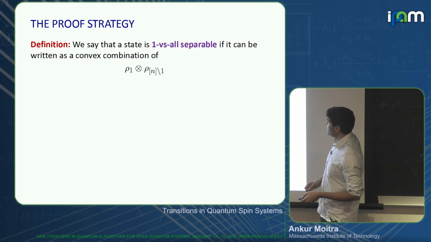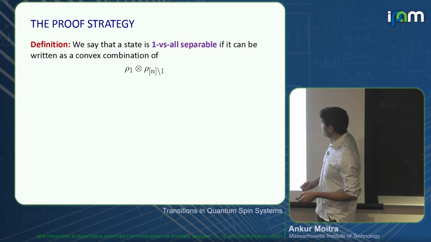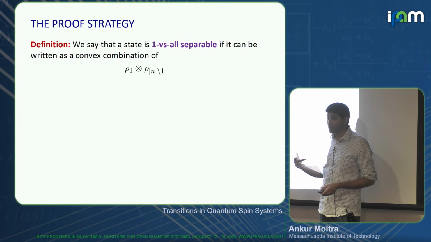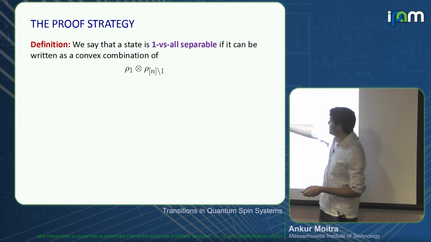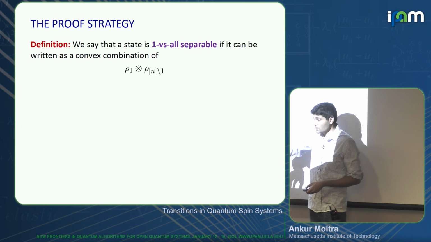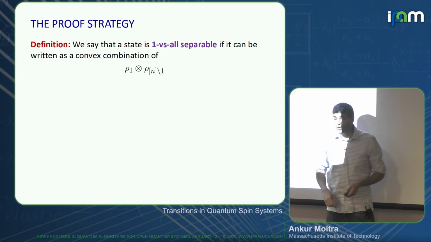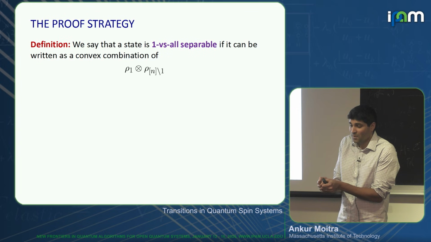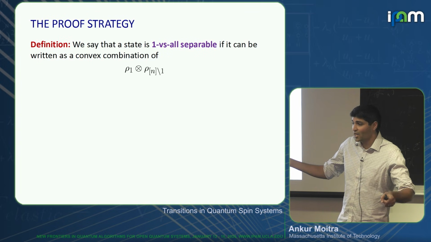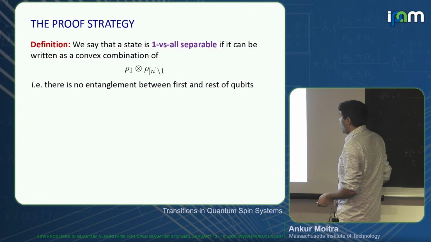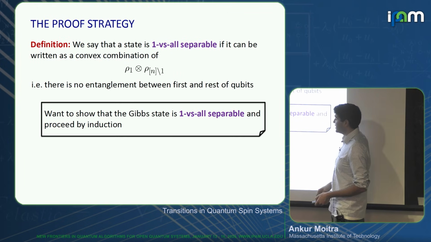So I can say that a Gibbs state is one versus all separable if, instead of writing it as a convex combination of product states, I can write it as a tensor product of rho 1, a 2 by 2 density matrix, tensored with something else that's 2 to the n minus 1 by 2 to the n minus 1. In this case, I'd be happy because somehow I've cut the entanglement from the first site to the rest of my system. And the whole hope is that we can proceed by induction.